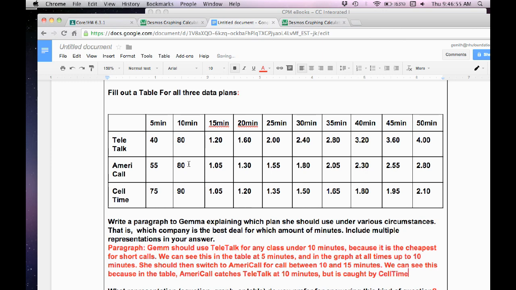Oh, excellent, wonderful cell time at 15 minutes.